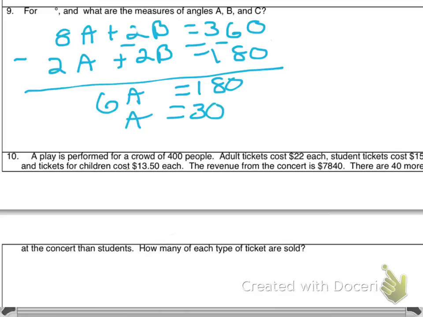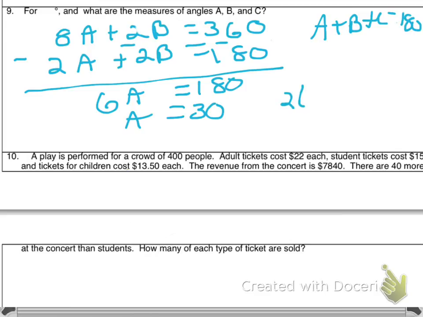So now I know that A is equal to 30, and I have to plug that in. Remember, you know that A plus B plus C is equal to 180, and now I have to find out what B and C are. Okay, so I'm going to figure out what B is.